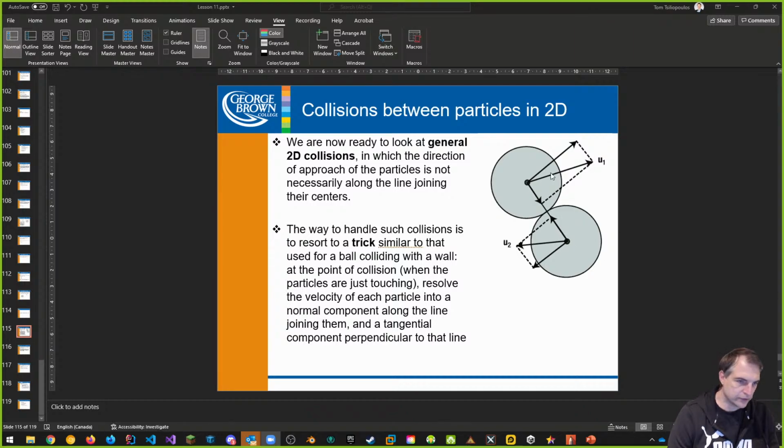So this is two velocities. Here's the velocity vector for particle 1. Here's the velocity vector for particle 2. They're going to glance off each other, right? And imagine that they're like two walls or two balls hitting two different walls, where each ball is kind of the wall for the other ball. That's kind of what it is, right?